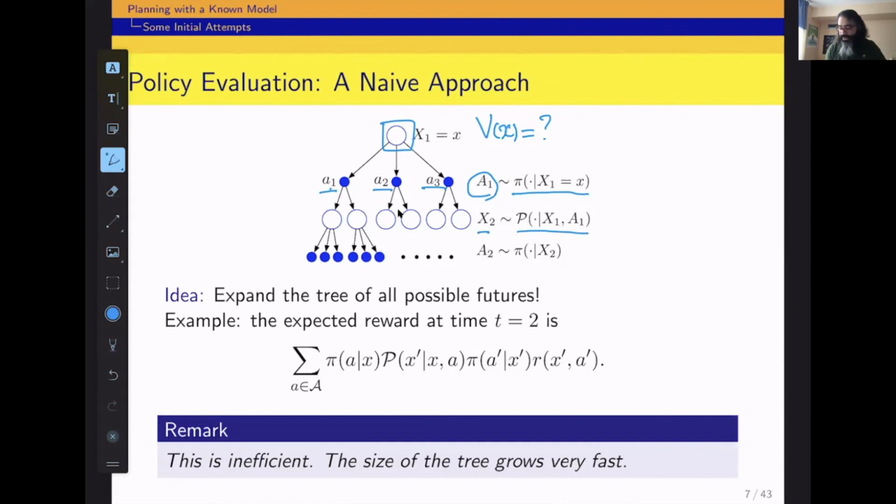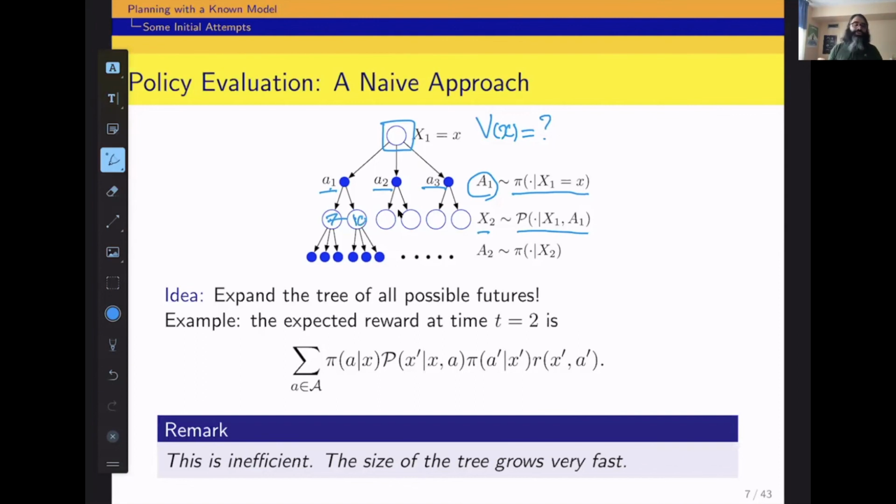But if the dynamics is stochastic, then there are possibly more than 1 possible next states. So we can get to this state or this state. Maybe I just give you numbers: state 1, state 7, and state 10.